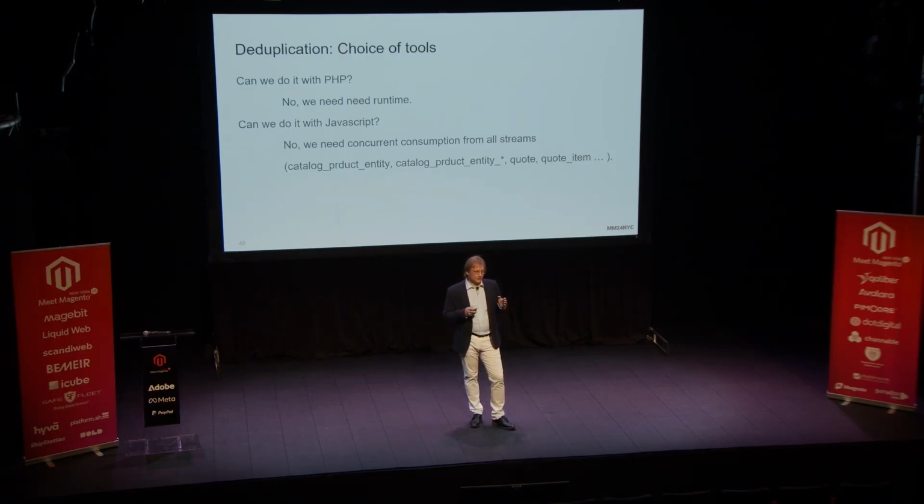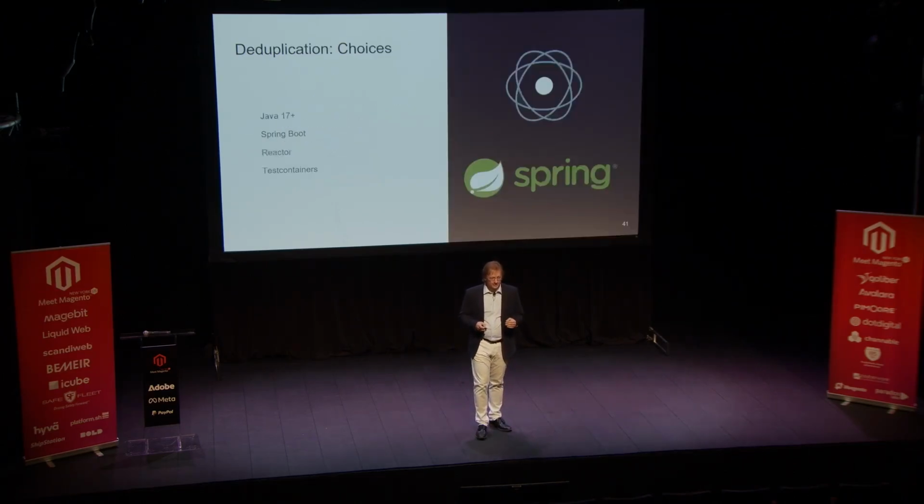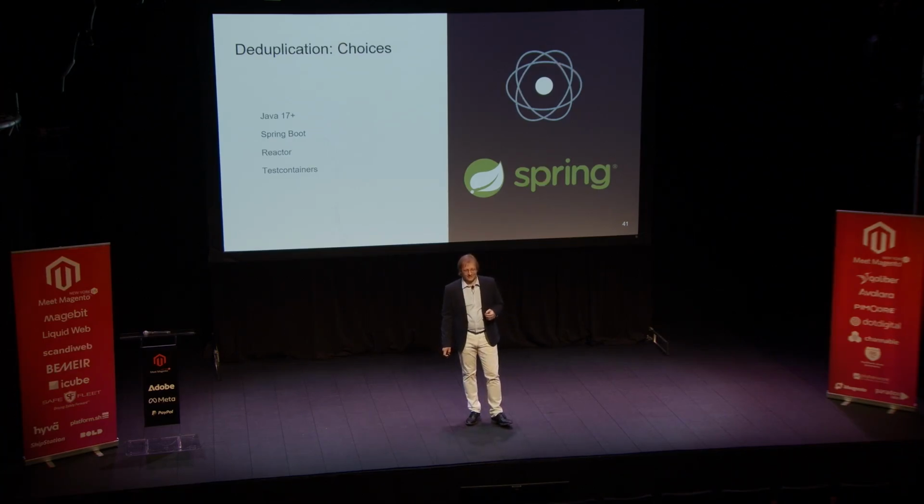So with JavaScript, with Node.js, we can do something of that, but we're locked down due to the shared memory model. We're locked down to a single core, single thread. That's a constraint. I was forced to use Java. And 10 years ago, it was not that great.